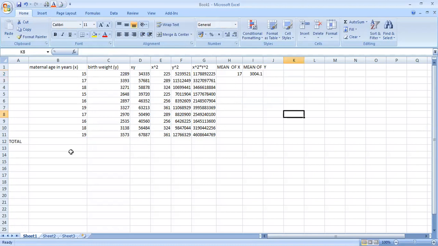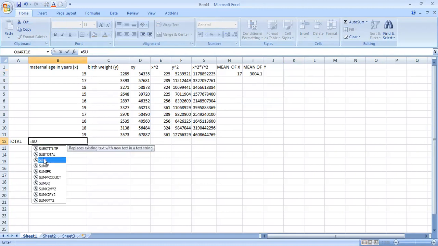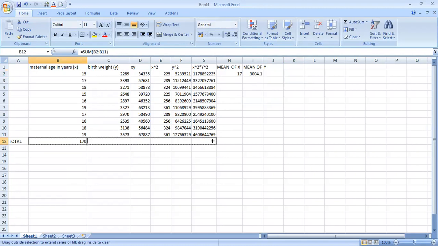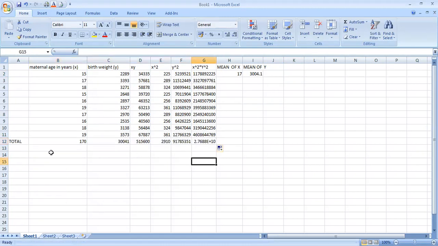And then I find the totals. The sum of something, so I'll just put sum there. I found the sum of that. I can also just scroll this so the same formula applies to all of them. So it's going to sum up. Okay, so here you have your total.